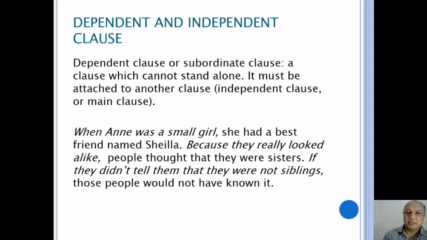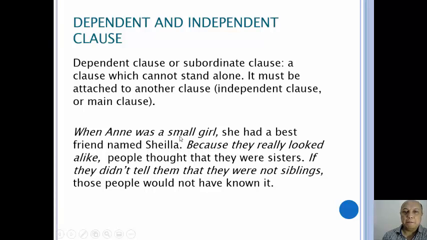Again, the italicized part is the dependent clause because it has to be attached to an independent clause. Like here, when Anne was a small girl, comma, she had a best friend named Sheila.